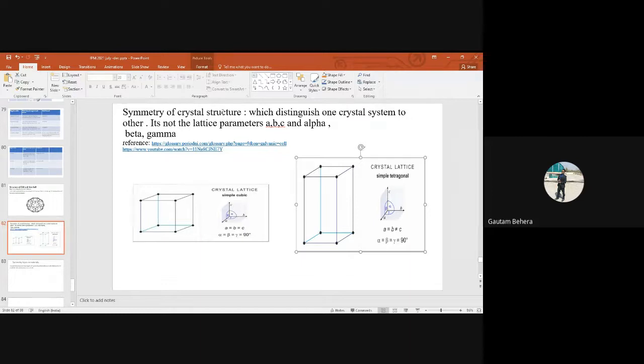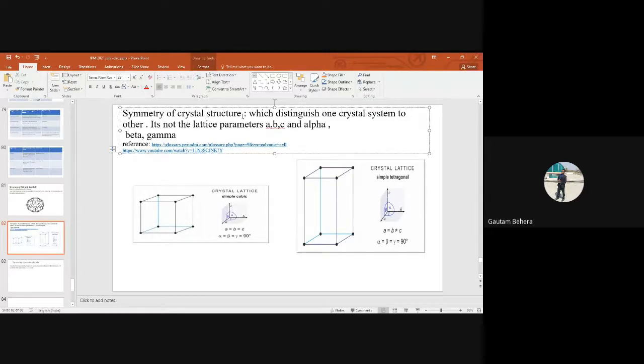The symmetry of the crystal structure classifies different structures into different crystal systems. We have different crystal systems because of this difference in symmetry. So symmetry will decide which type of crystal system we have. This is just for knowledge. Fine.